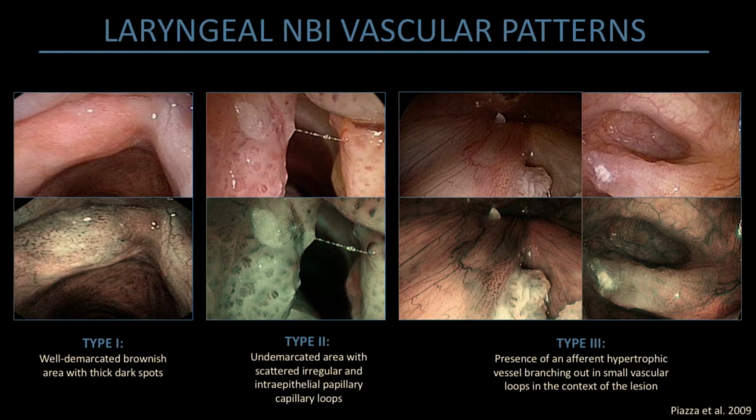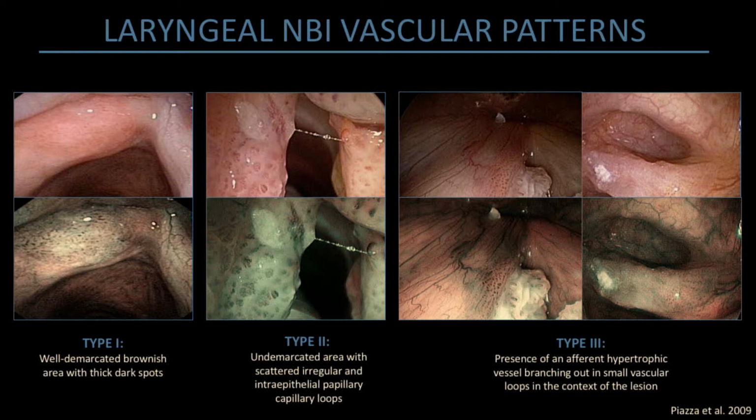In this well-demarcated area, you see in white light just erythroplasia, but with NBI a very well-demarcated area with a dark spot inside. This means that they are the apex of the intrapapillary capillary loops. They change the direction from the deeper layer to the superficial layer, so they change from longitudinal to perpendicular, and you can appreciate the apex of the loops.